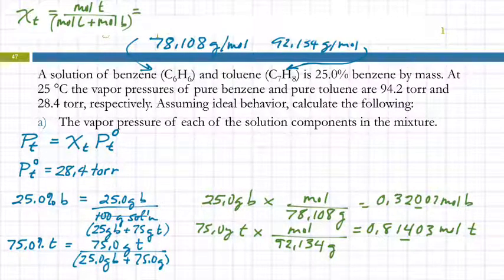So we're going to use those numbers we just calculated: 0.81403 divided by moles of toluene.